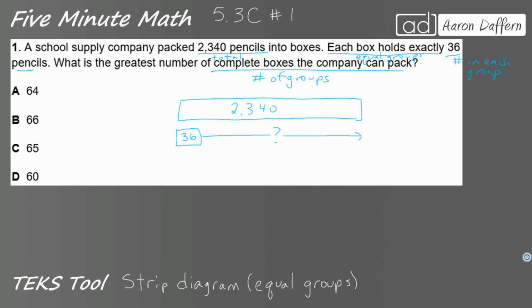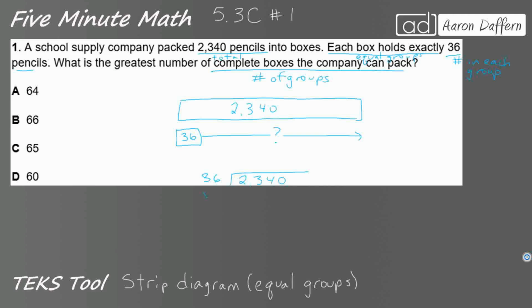So we're going to divide 2,340 by 36. We're going to think of 36s, and we are going to think, does 36 go into 2? No. Does 36 go into 23? No. 36 needs to go into 234. And if we don't know, obviously, let's use our clues here.